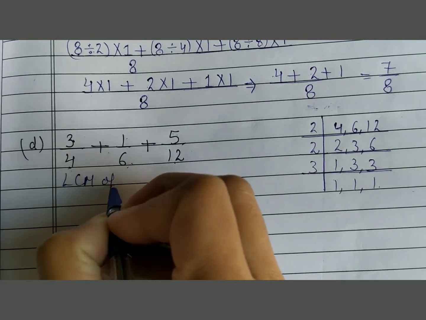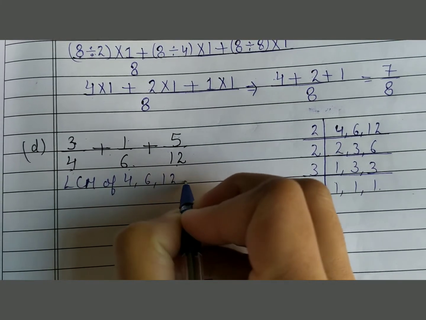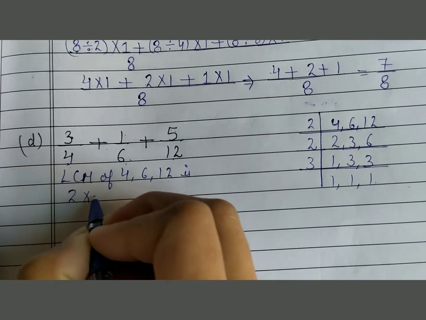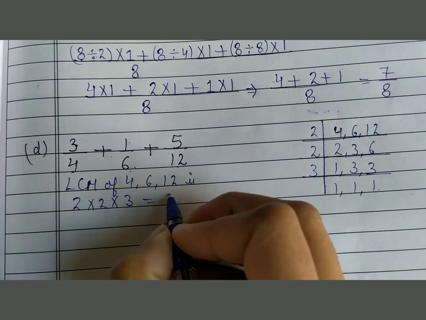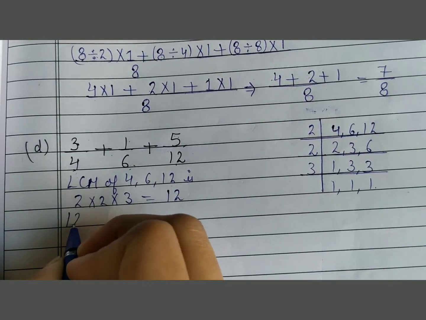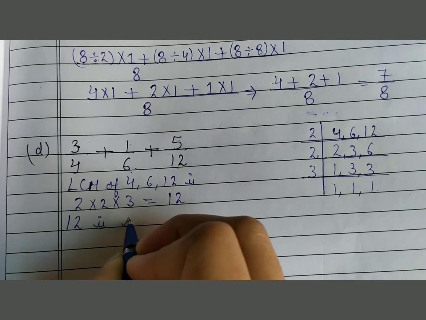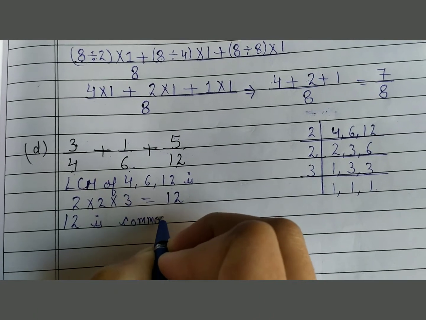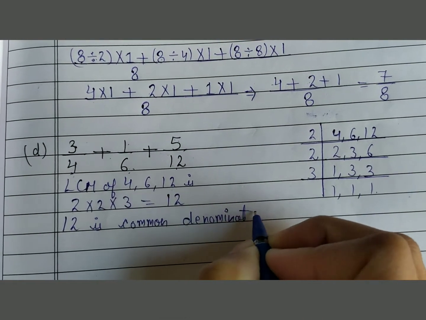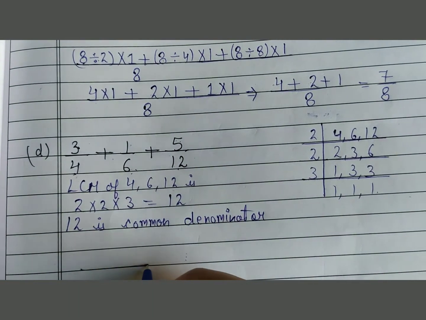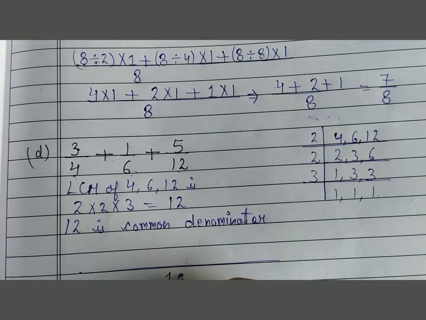LCM of 4, 6, 12 is 2 multiply 2 multiply 3. 2 2s are 4, 4 3s are 12. So this 12 is a common denominator. Write 12 as a denominator.